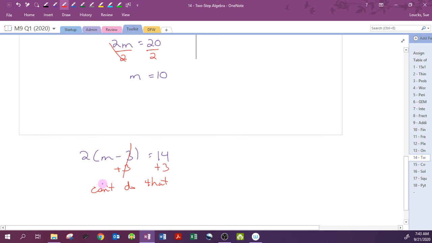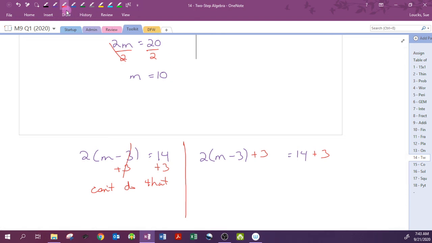Okay? It just doesn't work. And I know I said you can do anything you want if you do it correctly, and that's true. Because if I remember that what I have here is 2 times m minus 3 equals 14, and I add 3 to the left side and I add 3 to the right side, and I write it like this, well, now you can see that I can't add the 3 to the 3 in the brackets. That doesn't make sense. Now I have to distribute this first.